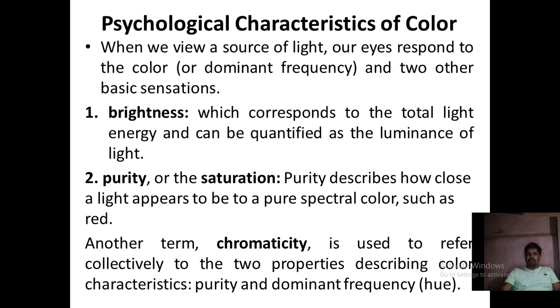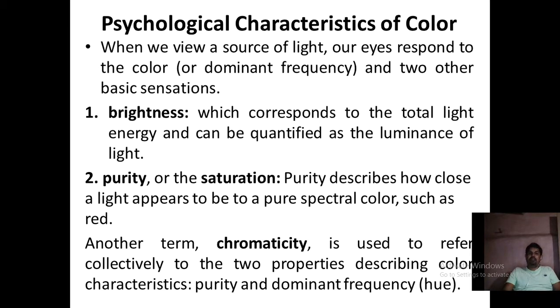Then purity, or saturation. Purity describes how close a light appears to be a pure spectral color such as red. You can observe that in red we have dark red, bright red, light red, and so on. That is called purity. It describes how close a light appears to be a pure spectral color, for example red, blue or green.